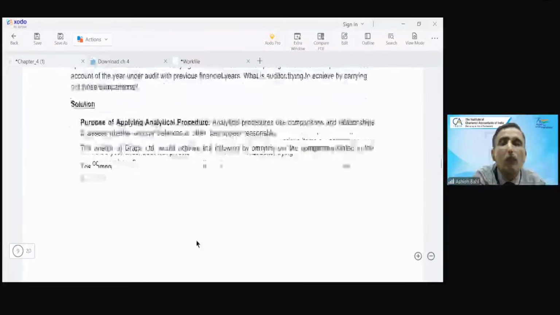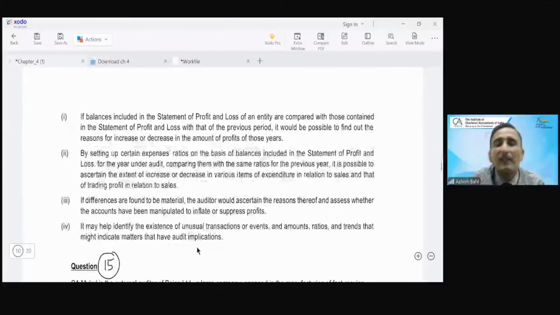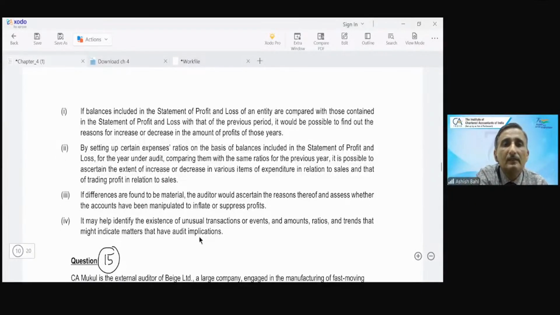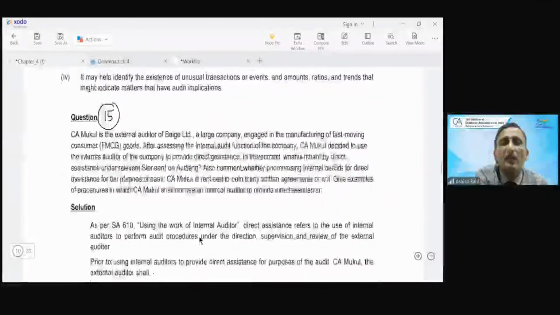So by comparison, he can come to know of any fluctuations. He can set up ratios. He can see a trend. If differences are there, then these need to be investigated. It may help him in unearthing some unusual transactions. Simple, same thing.